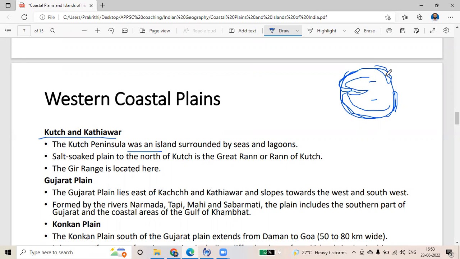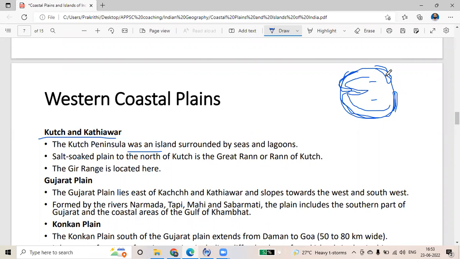The Greater Rann of Kutch region is seen in this Kutch and Kathiawar plain region, which is mostly soaked with salt. So that area, even though it is flat, is not suitable for cultivation or agriculture. This region is not so good for agriculture.